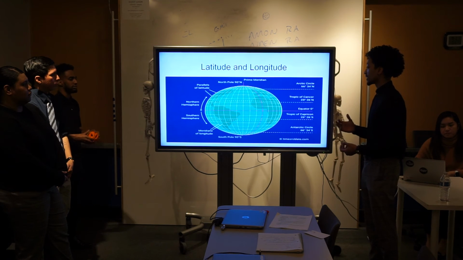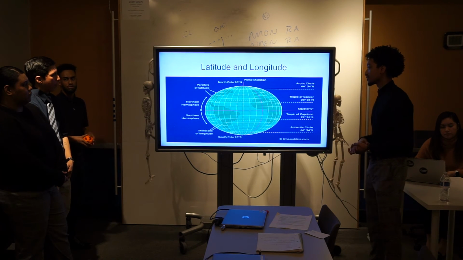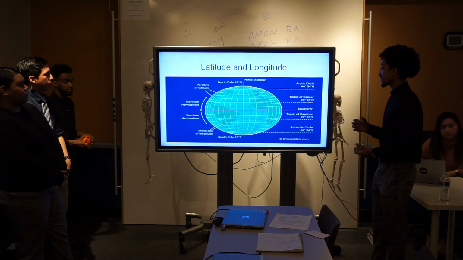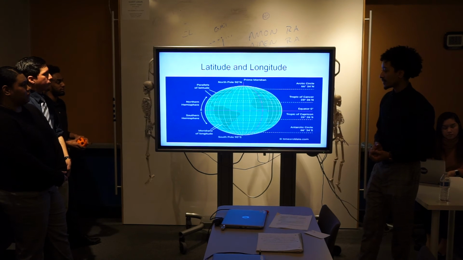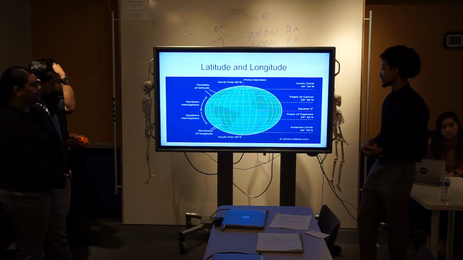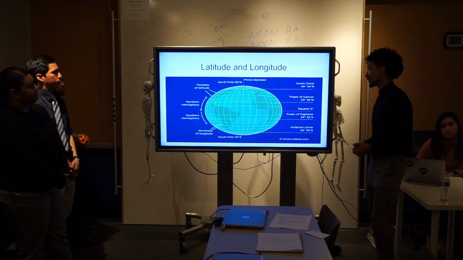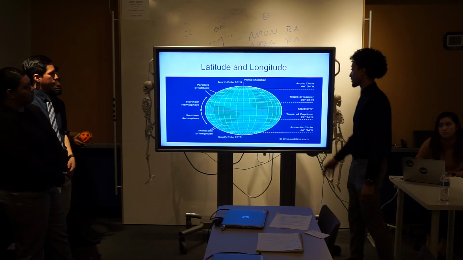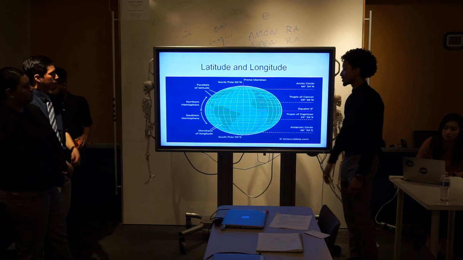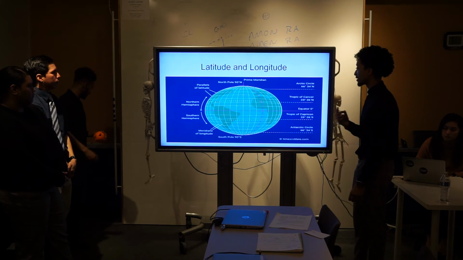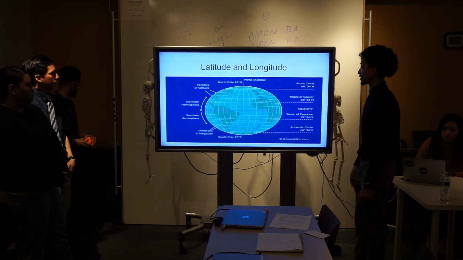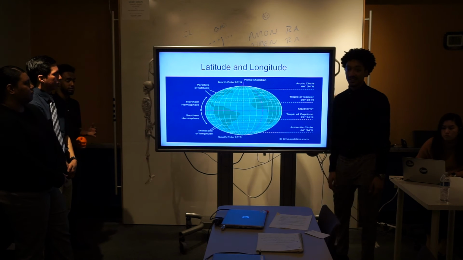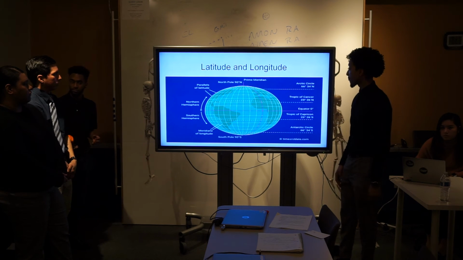So latitude and longitude form an invisible grid on the Earth. When you see right here, this line is called the parallel line, which circles around the Earth from east to west. Imagine this line as a hula hoop circling around the Earth.